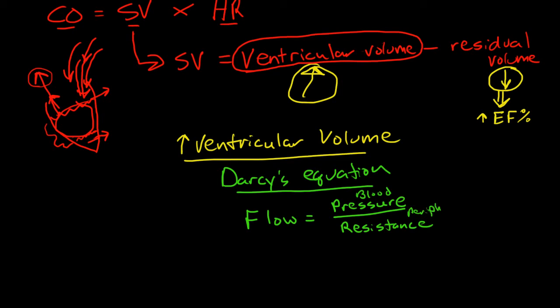And flow is going to equal cardiac output. So Darcy's law for physiological purposes essentially means that, well, here I shouldn't say cardiac output. In the end it will increase cardiac output, but right now we're talking about flow back to the ventricle, so we're actually talking about ventricular volume, equals blood pressure divided by vascular or peripheral resistance.